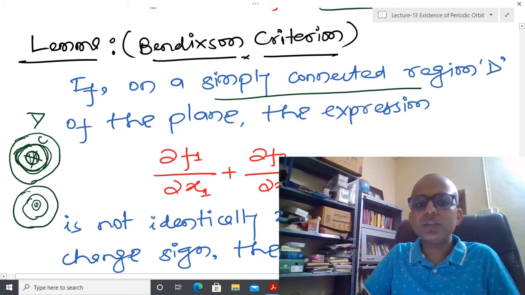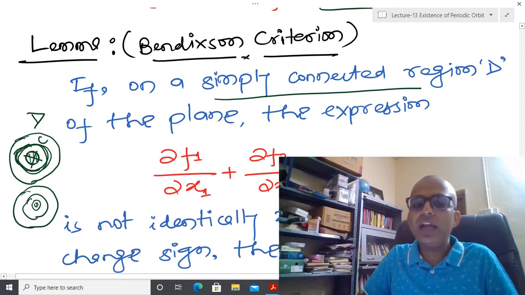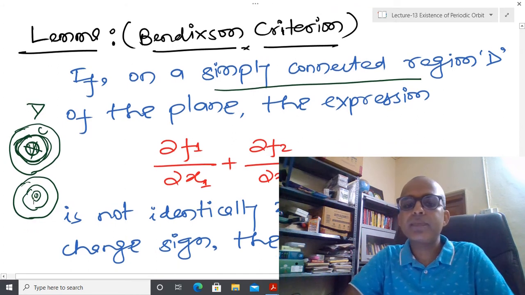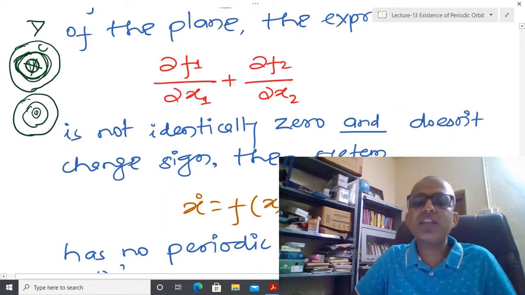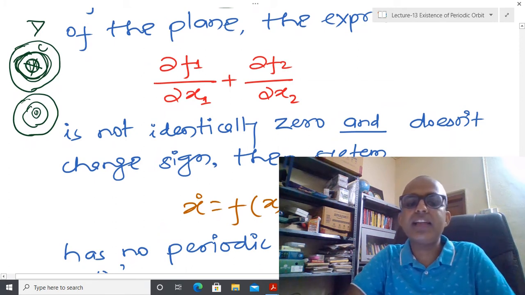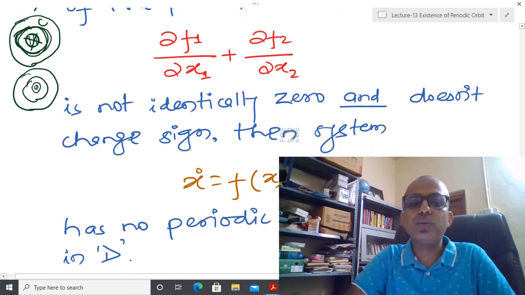Now, if ∂f1/∂x1 plus ∂f2/∂x2 is not identically 0 and does not change sign, then I can guarantee that this system x dot equal to f(x) has no periodic orbit lying entirely in D. So that kind of thing I am able to generalize.